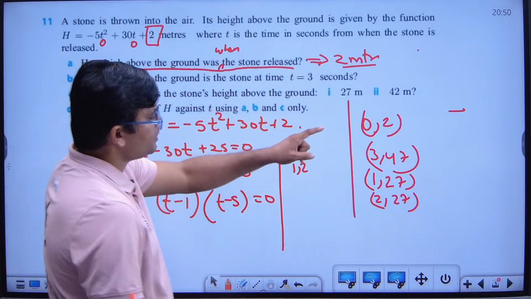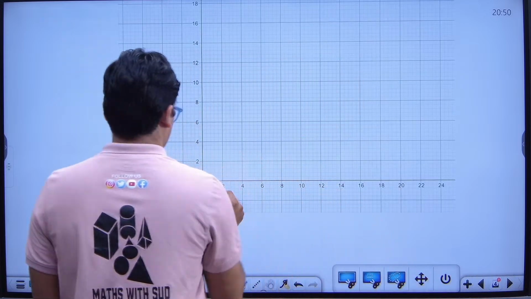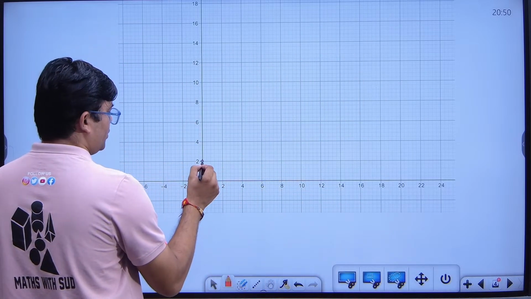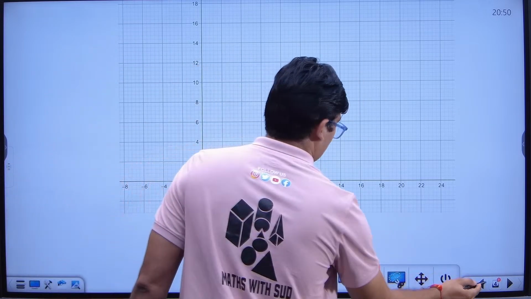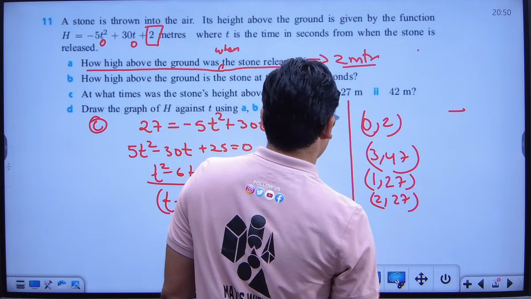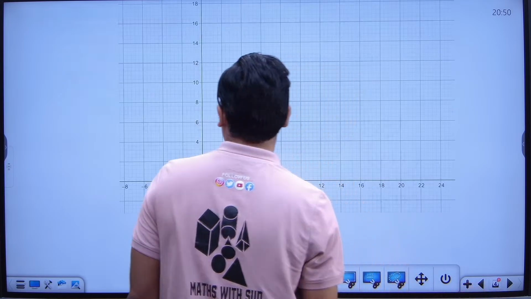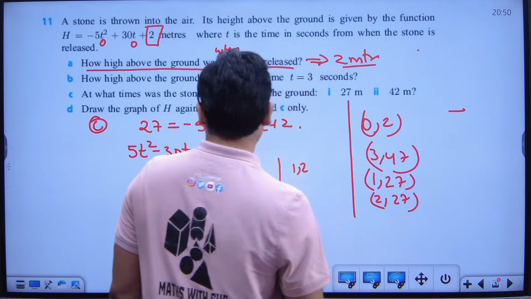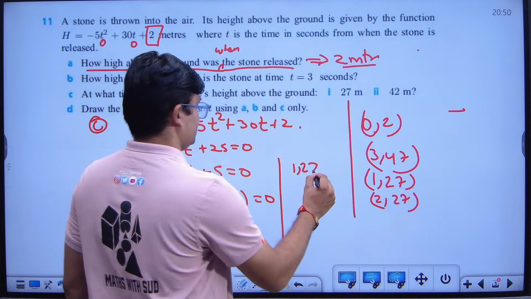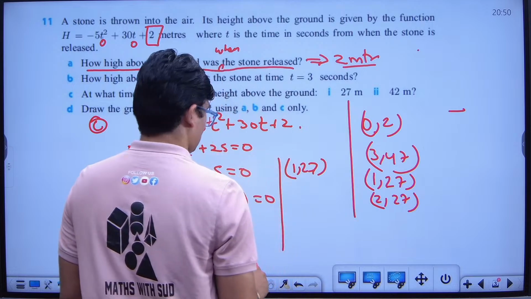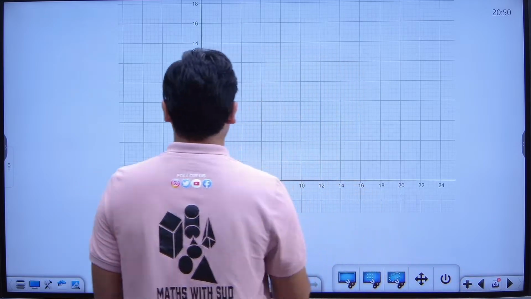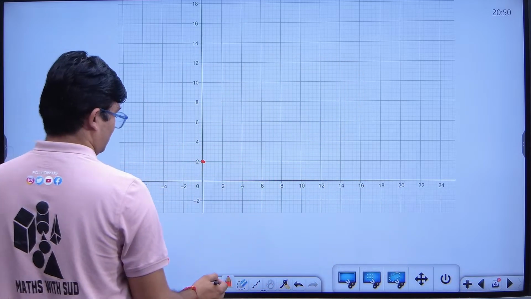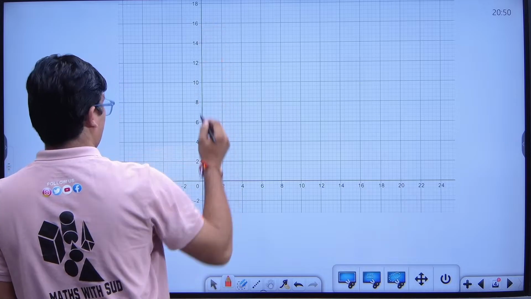The first point was 0, 2. So I am starting from 0, 2. Then you have 1, 2 as well? No, 1, 27 was there. That's what I was thinking. Where did 2 come from? So 1, 27.